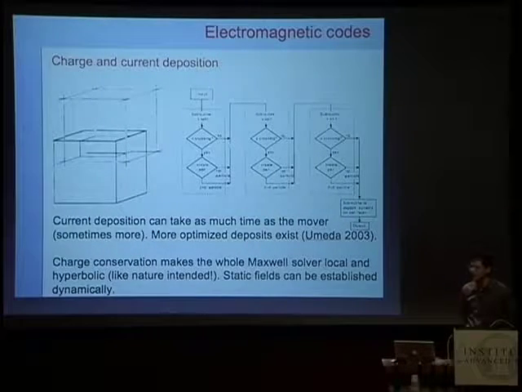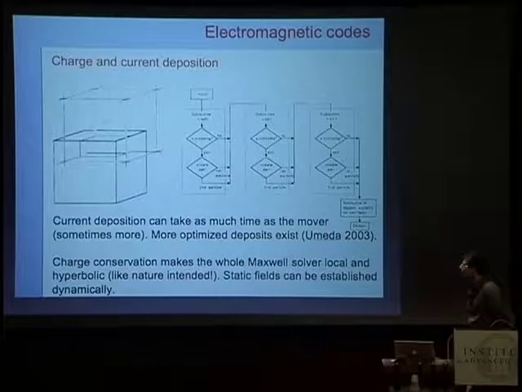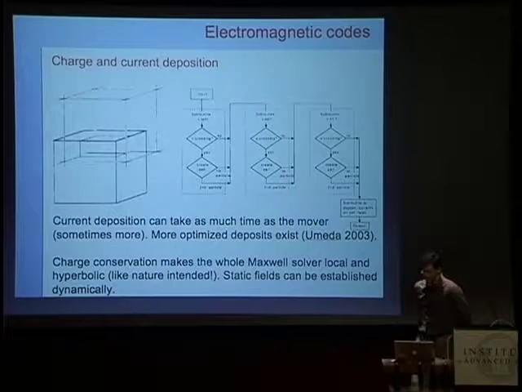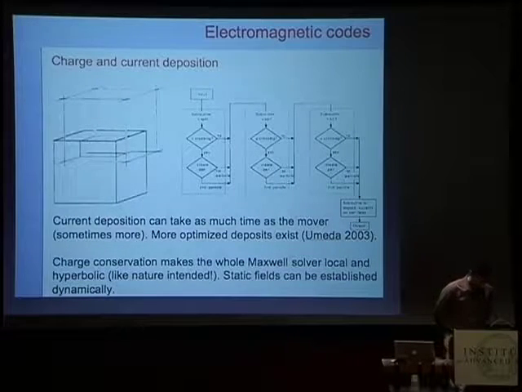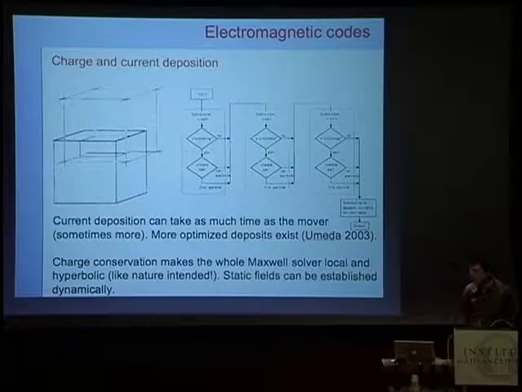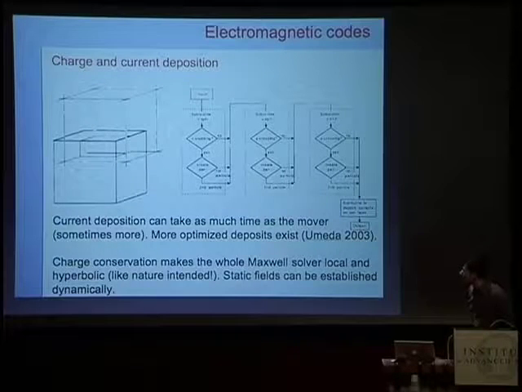So if you can avoid solving an elliptic equation, the better. And if you use a particular type of charge and current deposition called charge conservative current deposition, then you can actually avoid solving the Poisson equation.